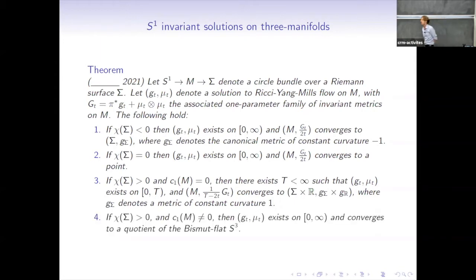And then most interesting of all is when you have positive Euler characteristic but a non-trivial bundle. Here you get something genuinely different. The flow exists globally, for all time, and converges to a quotient of this Bismuth flat structure. You can guess this roughly just by computing the evolution of the volume of the Riemann surface.